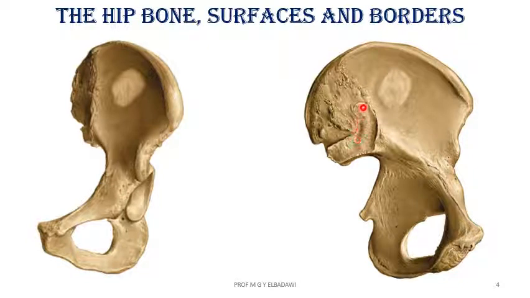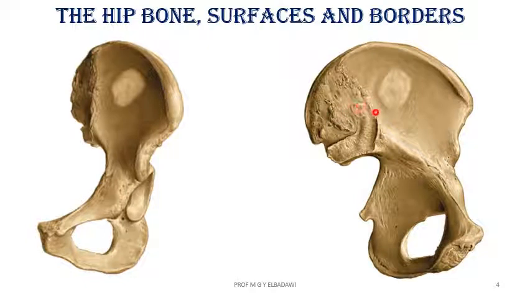You can see it is divided into two main parts: an auricular surface, which articulates with the sacrum to form the sacroiliac joint, the synovial part of it. Then an iliac tuberosity elevation here, which is attached to the sacrum by an interosseous ligament, and it is supposed to be a fibrous joint.